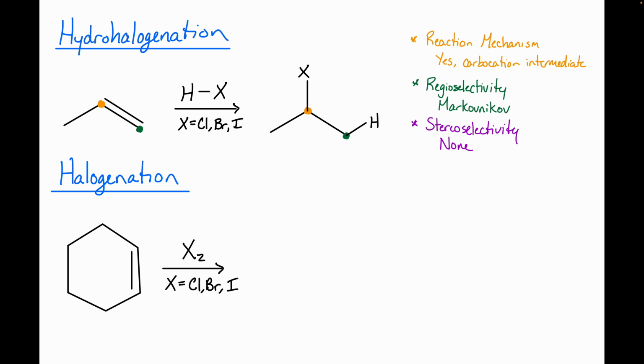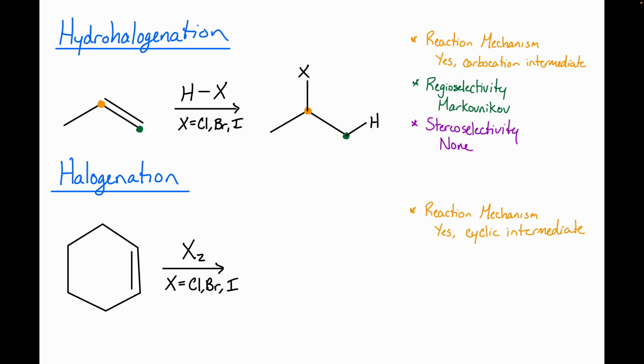All right, so this was a reaction that, again, we had a reaction mechanism for, but it did not have that same carbocation intermediate. Instead, it had this cyclic intermediate. And that cyclic intermediate was an important consideration.